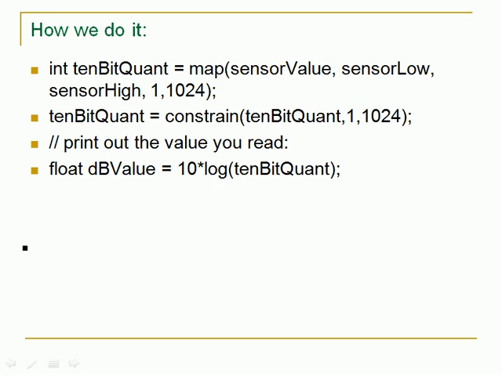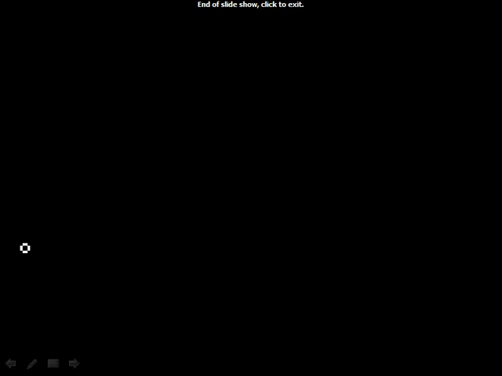But you could just generally say, look, we take 10 times the log of the 10-bit quantization value, and we get the value in dB, and we use that instead. That might be equivalent to doing a lookup table. And so that's sort of what I'm thinking is going to be your next homework assignment.